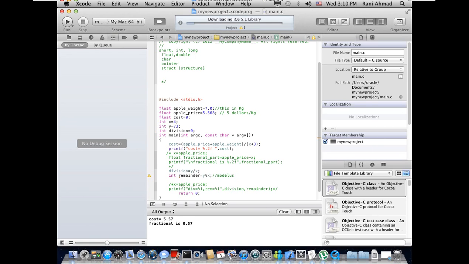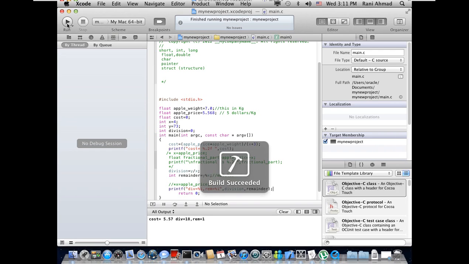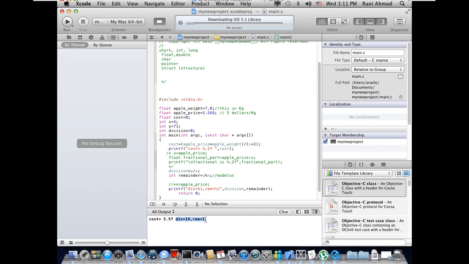To print that out, I'm going to put it like this and remove this one. Of course the remainder must be an integer. So I'm going to run this, and this is my division, and this is my remainder.